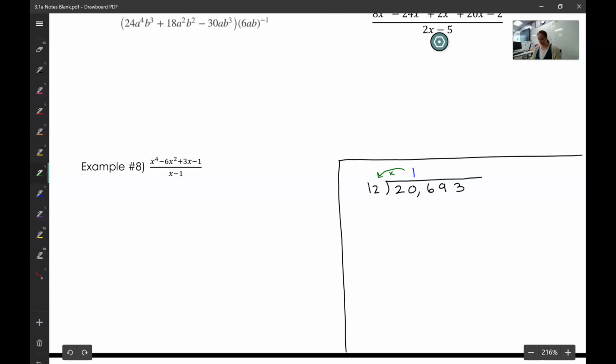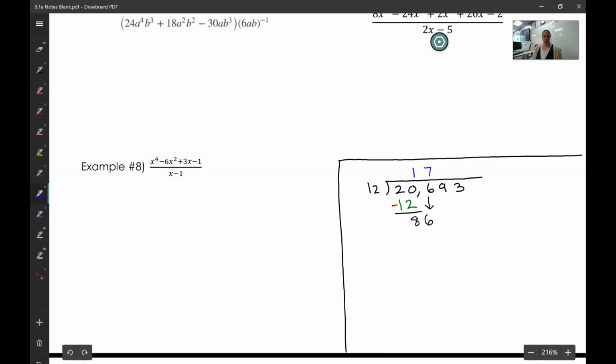Then you would multiply 1 times 12 and write it down here. Next, you would subtract, so 20 minus 12 is 8. Then you'd bring down your next number and do it all over again. So 12 goes into 86 how many times?